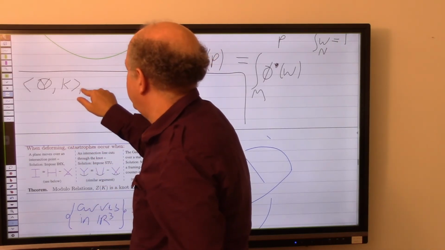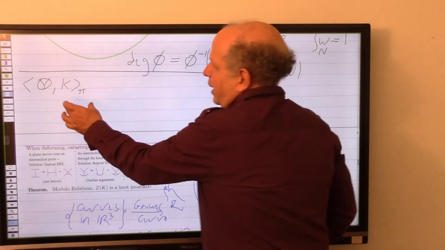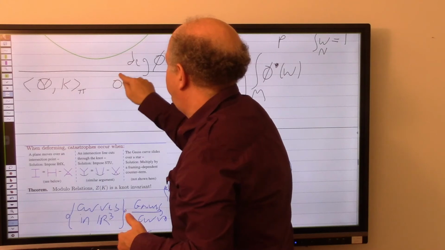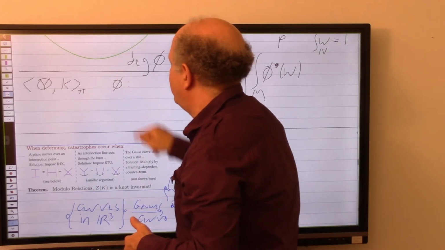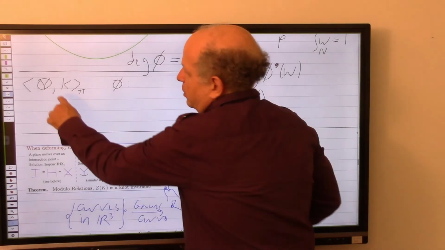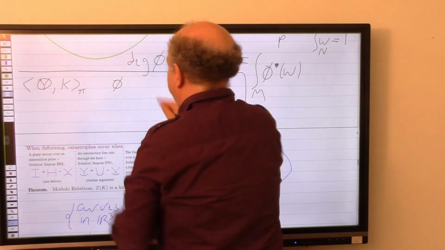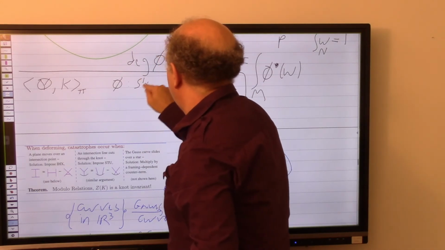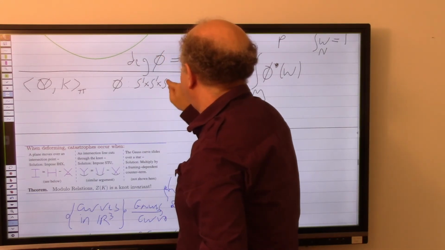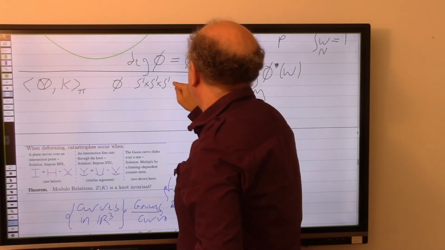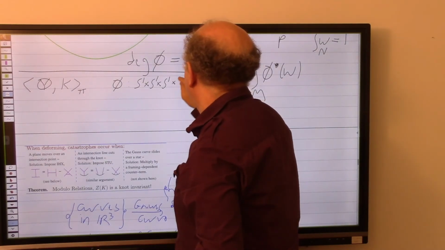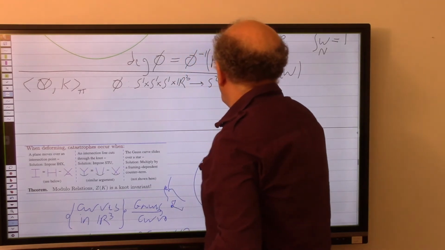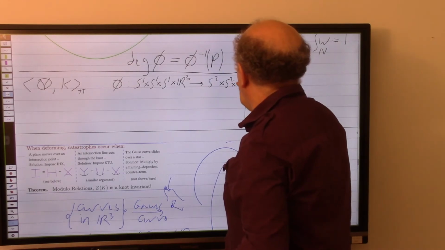You construct a map phi from the ways of placing all of these points, so S1 cross S1 cross S1 cross R3, into S2 cross S2 cross S2.